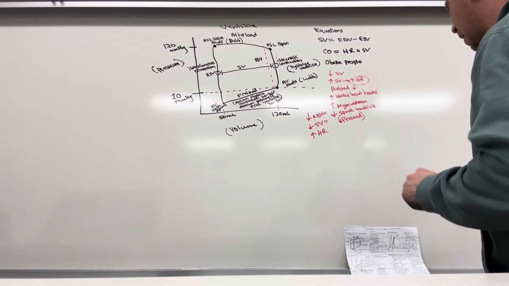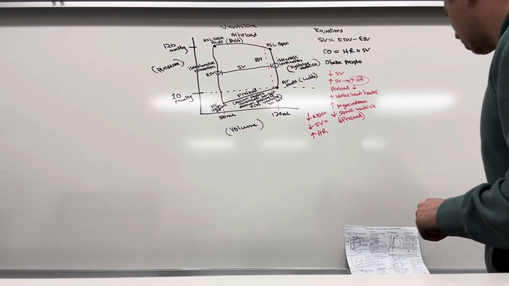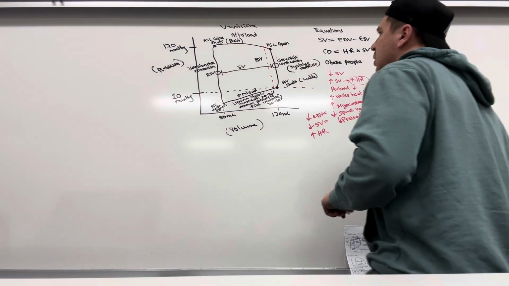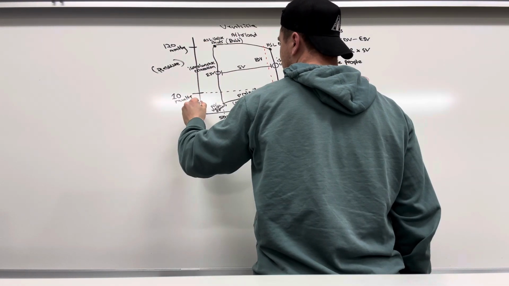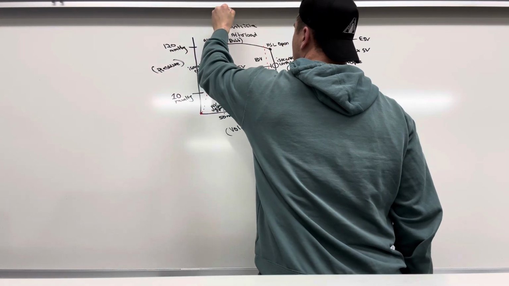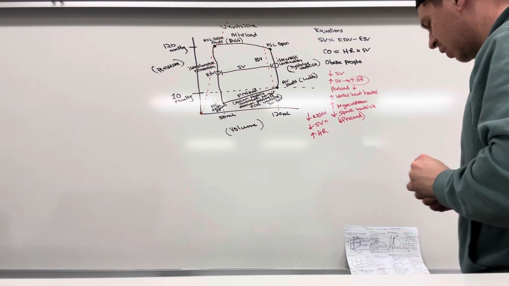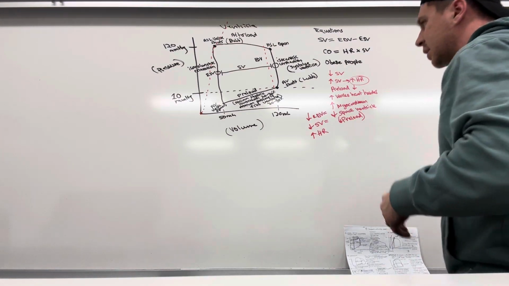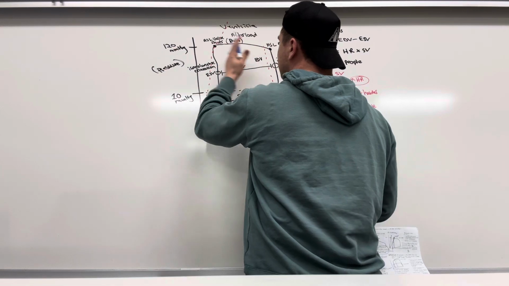Okay, inotropy. So basically we have something here called an inotropic line. So if we were to label our dot here and we could label this all the way up to here, this would be our inotropic line right there, okay? And basically what that tells us is the amount of contraction that we're doing up until that point.